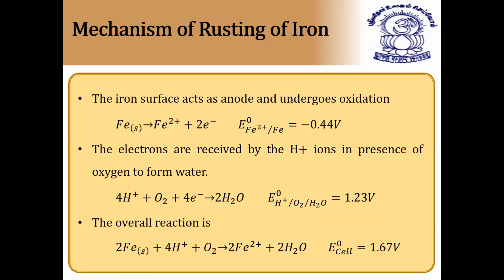In that, the electrode potential of the cell E° is equal to 1.23 volts. And the overall reaction is 2Fe plus 4H+ plus O2 gives 2Fe2+ plus 2H2O. And finally, this Fe2+ changes to iron oxide.